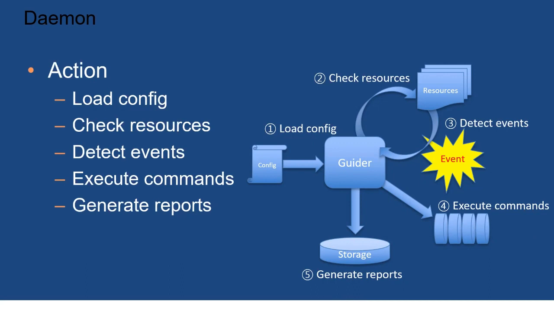When events occur, Guider sequentially executes the commands registered for the events. In addition, a separate report file is created and stored in the storage by summarizing the stored system information, including resource usage. This allows you to automatically handle problems with predefined commands when a specific problem occurs, or start problem analysis with a generated report.